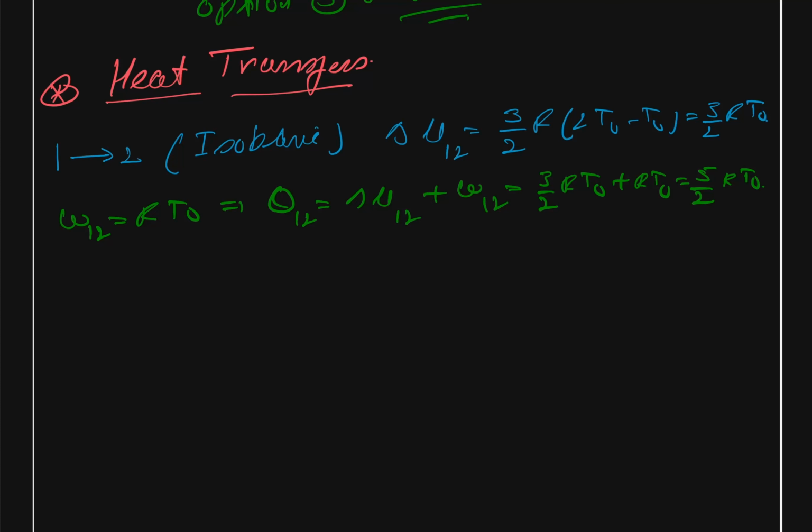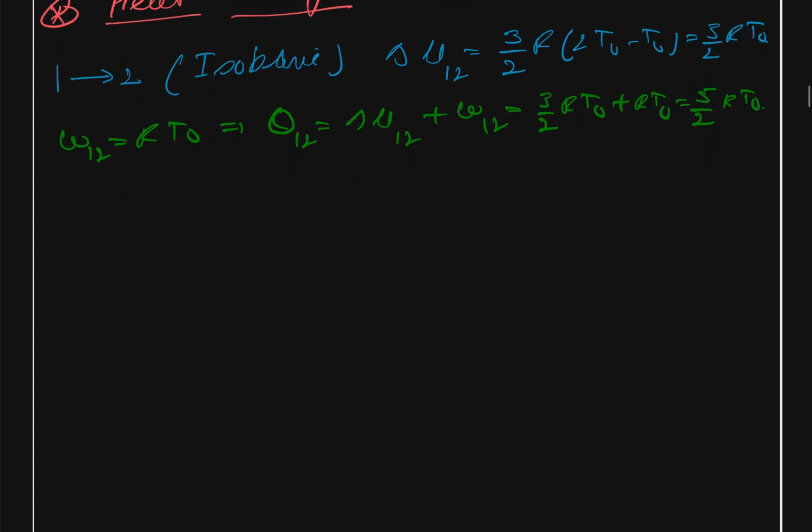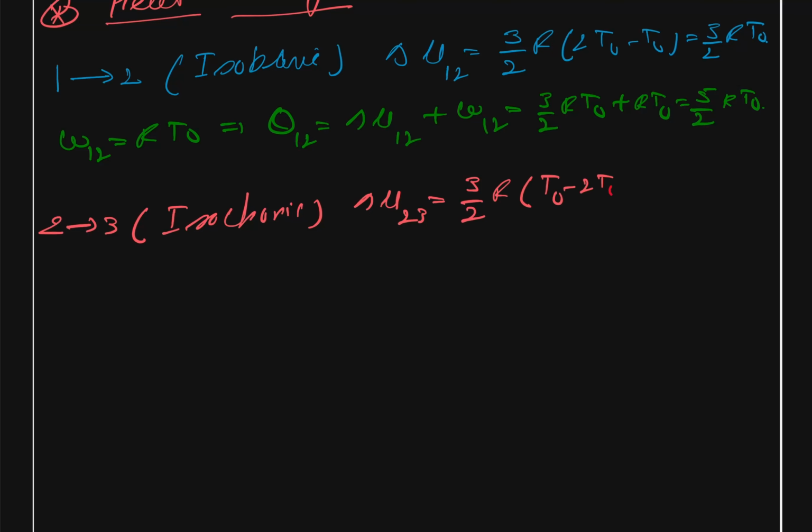Then we come to 2 to 3, which was isochoric. Delta U from 2 3 will be equal to 3 by 2 R times (T naught minus twice T naught), giving us minus 3 by 2 R T naught.